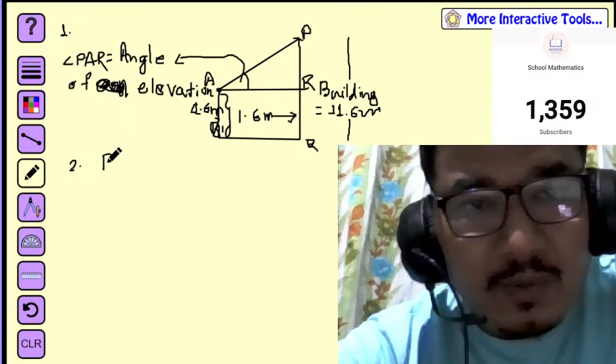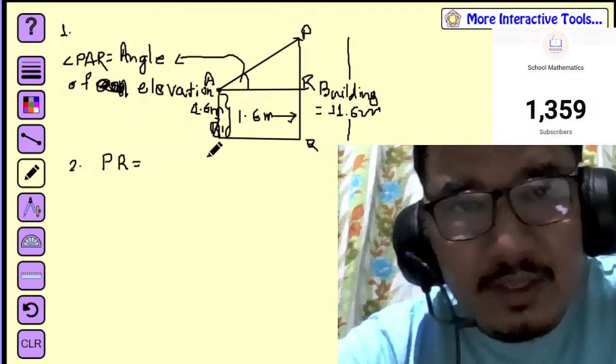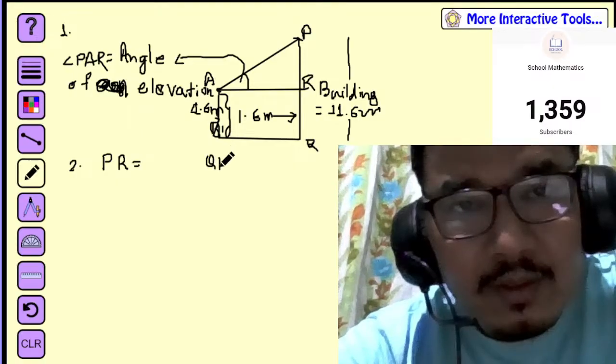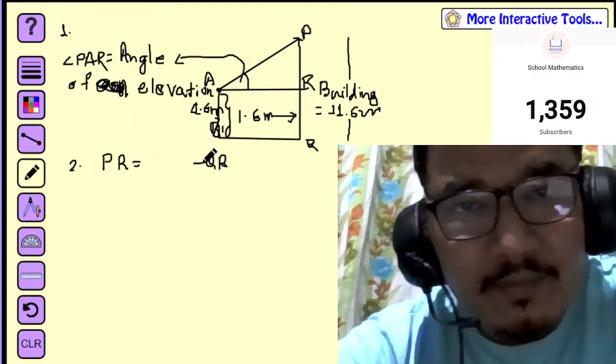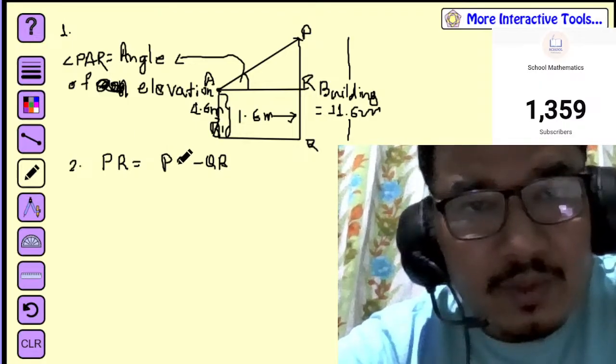To find PR, what do we have to do? To find PR, we need to subtract QR from PQ, okay?